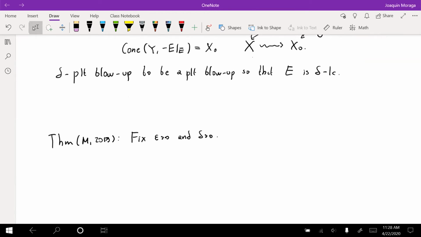So if you control the log discrepancy of the pair away from zero, and you control some blow-up, then you can control the minimal log discrepancy.